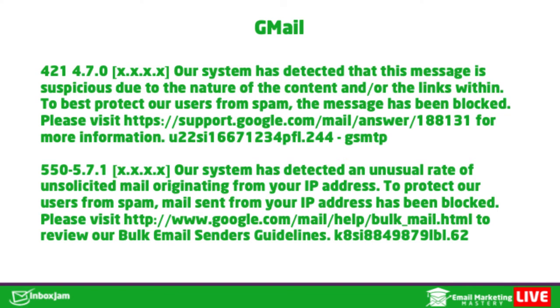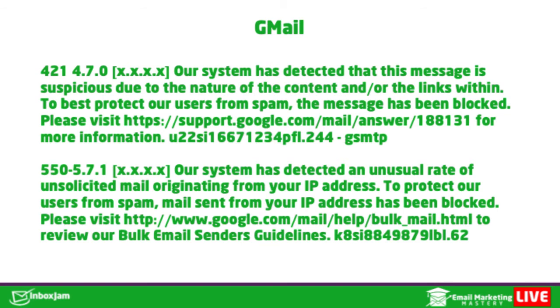To best protect our users from spam, this message has been blocked, and then it gives you a please visit and a URL. So this first message is Google firing a shot across your bow, telling you that their users are not happy with the messages that you are sending, right? There's stuff in there that is triggering filters on their end.